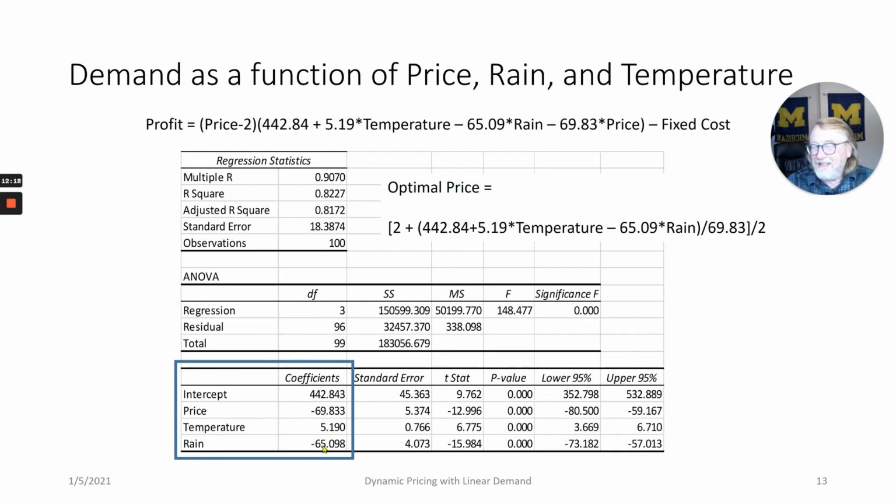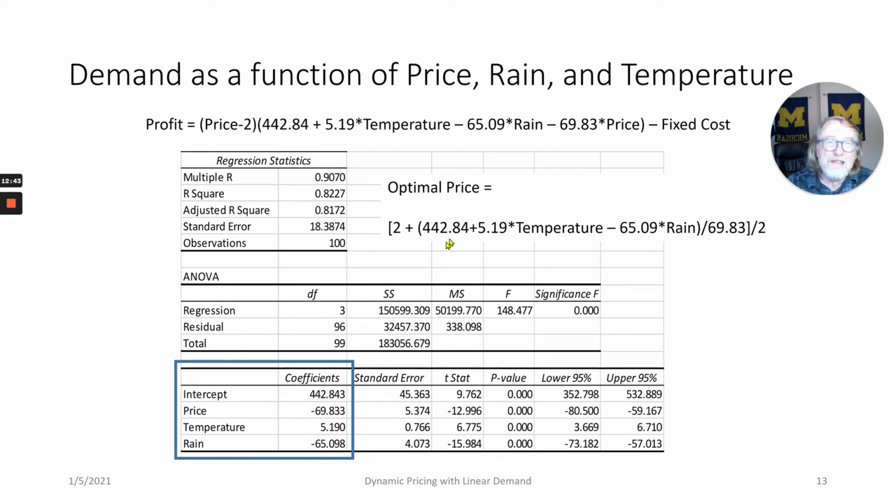Okay, and if it's a rainy day, the number of units on average goes down by 65. And so this is just the same as before if you think of temperature as just being part of the y-intercept. So as a function of price, the 44.2 plus 5.19 times temperature minus 65 times rain, that's all the y-intercept as a function of price.